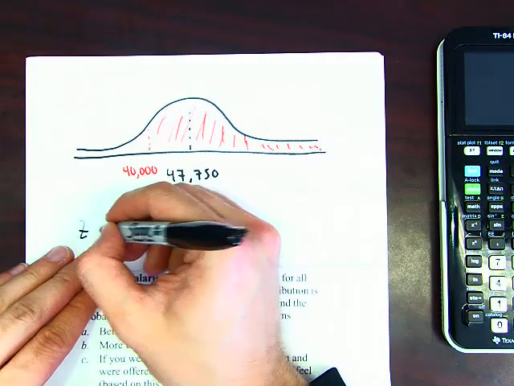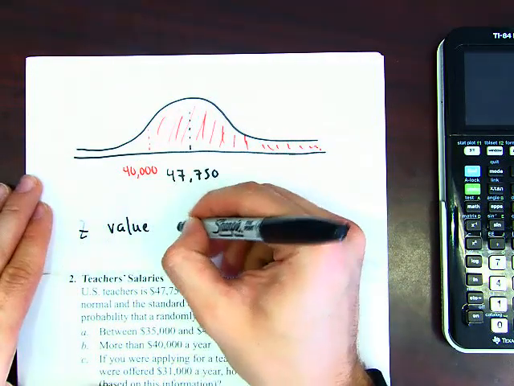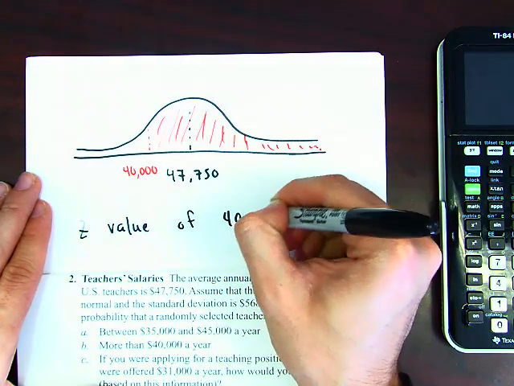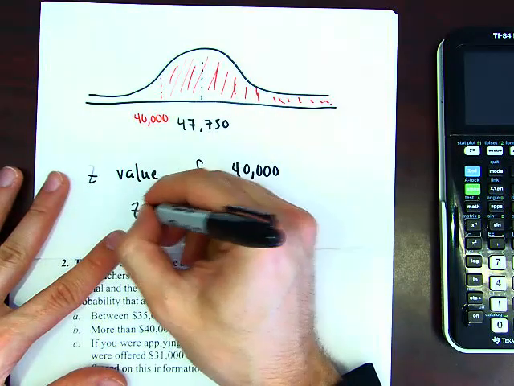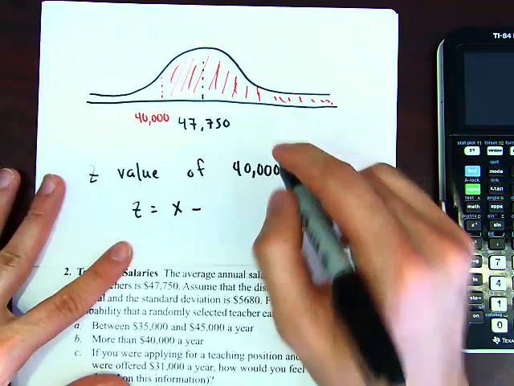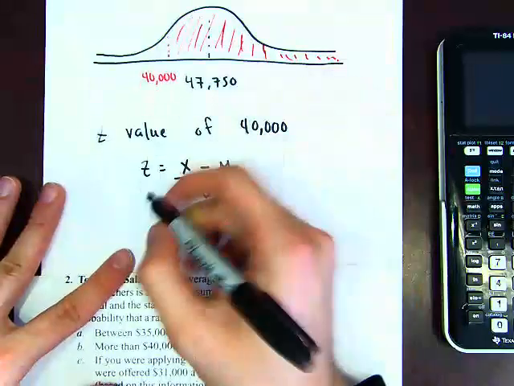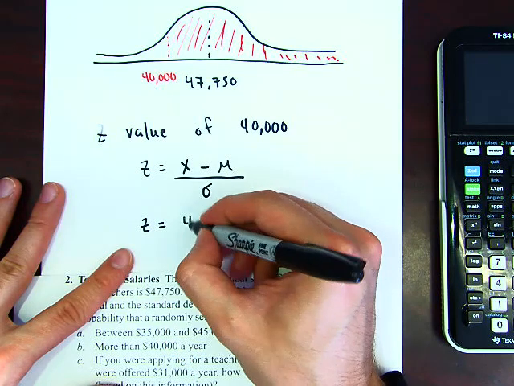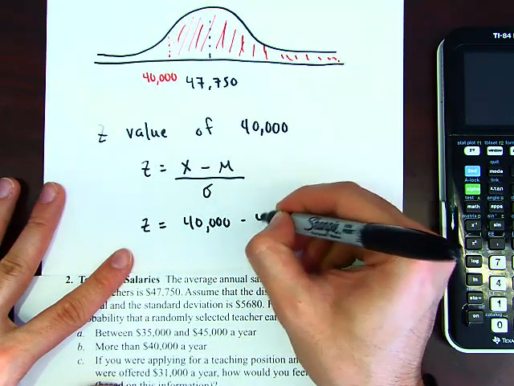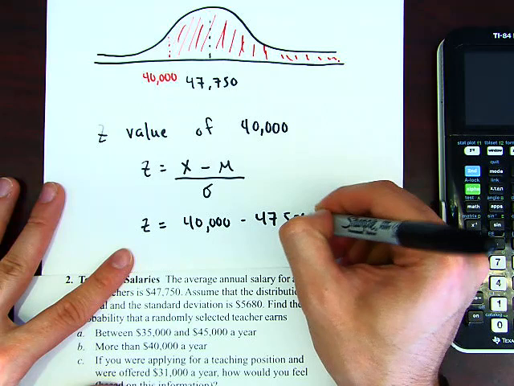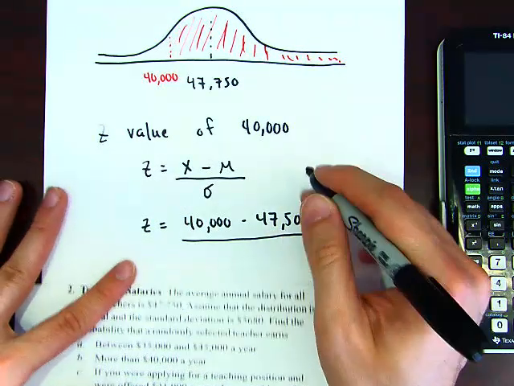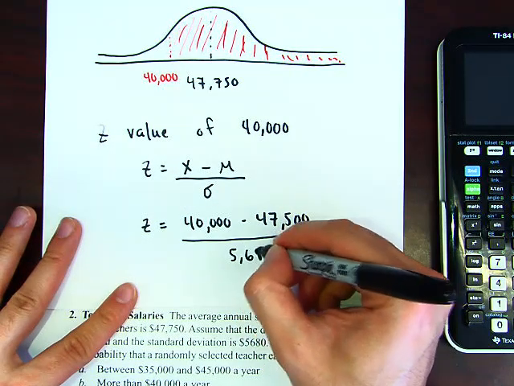So the z-value of 40,000, right? So z is equal to x minus mu over sigma, and this is z equal to 40,000 minus 47,500 divided by 5,680, right?